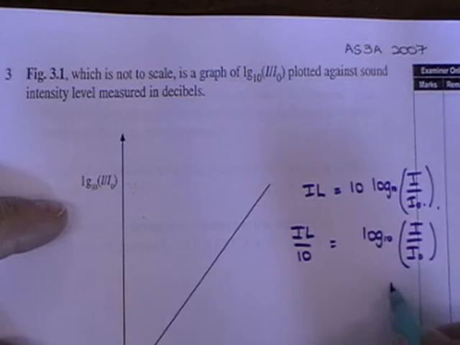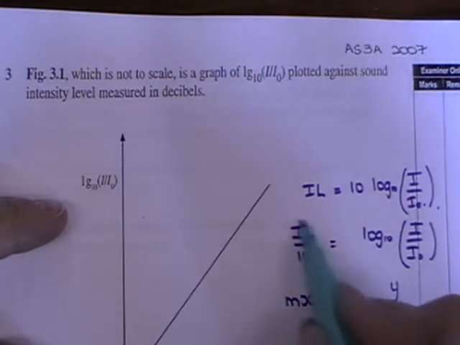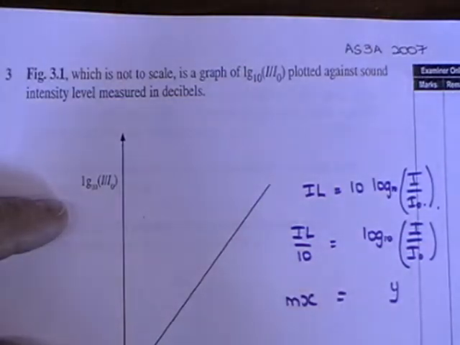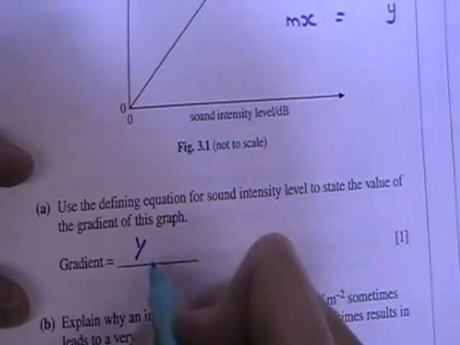And if we then write down y, that's on the y-axis, mx on this side. On the x-axis we have the intensity level, and so therefore 1 over 10 is equal to the gradient of our graph. So the answer to the first bit, what is the gradient of the graph? The gradient of the graph is 1 over 10.